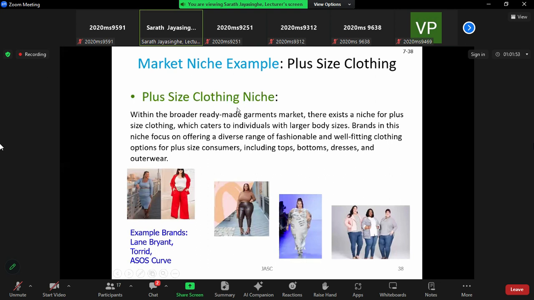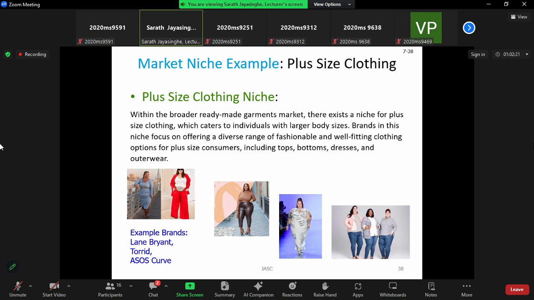Plus size clothing. Within the broader ready-made market, there exists a niche for plus size clothing, which caters to individuals with larger body sizes. There are people like that, right? Sometimes we also can't find some products, for example socks, because they have some standard sizes.